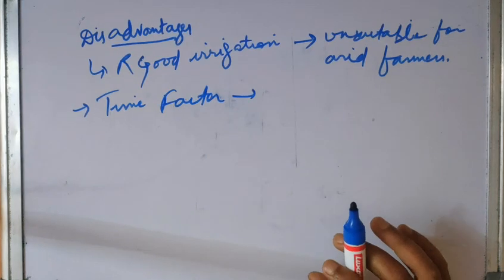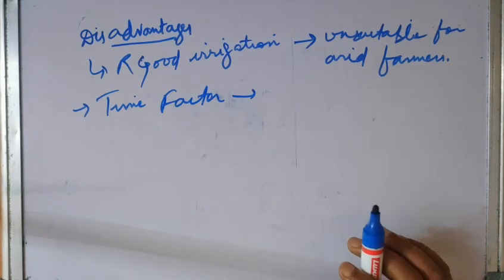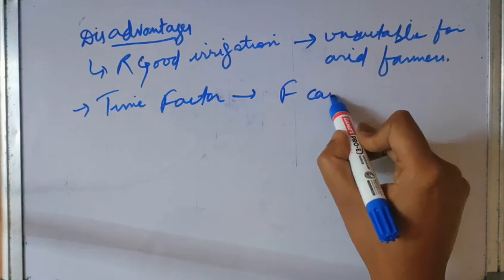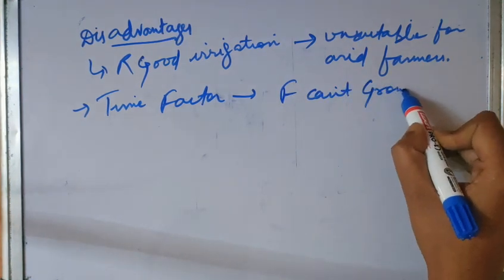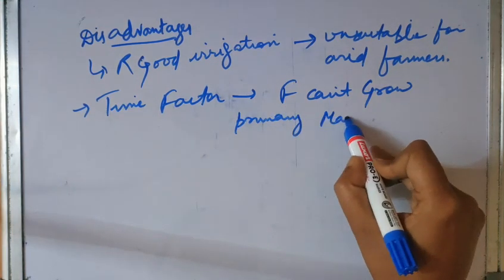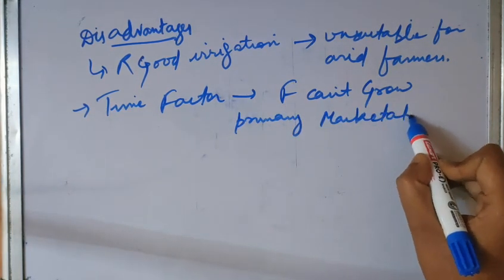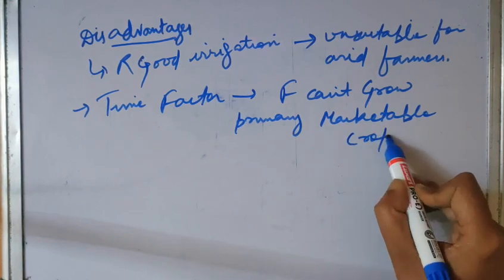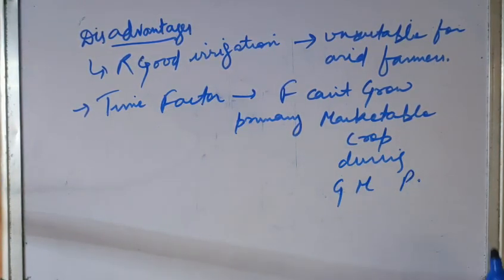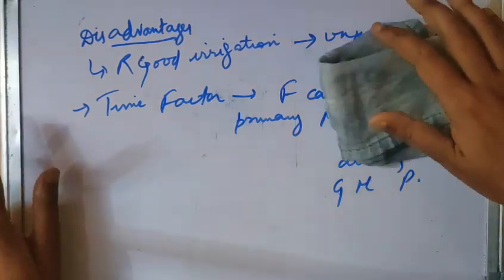Farmer can't grow a primary marketable crop during the green manuring phase. So these are some of the disadvantages of green manuring.